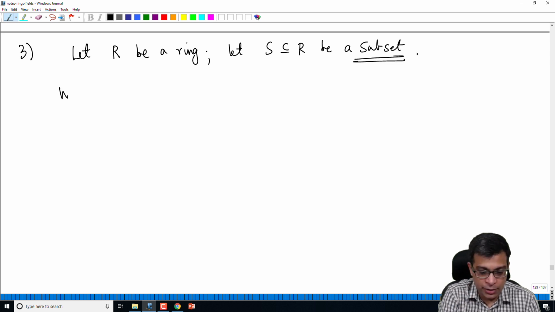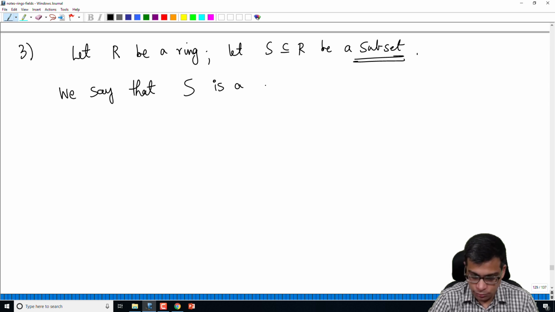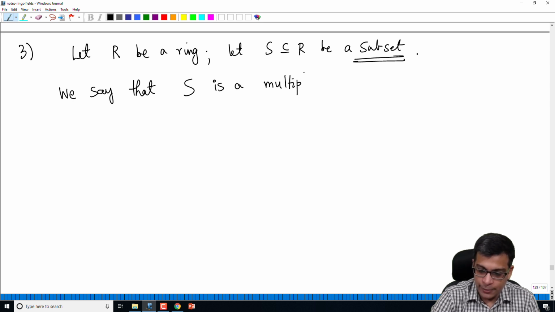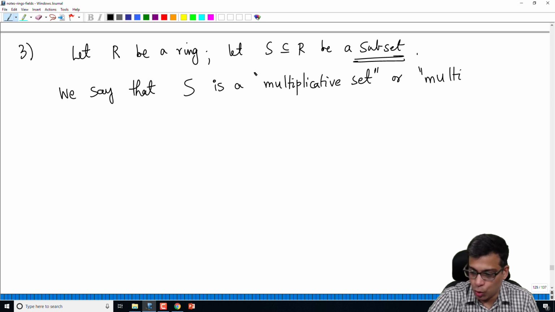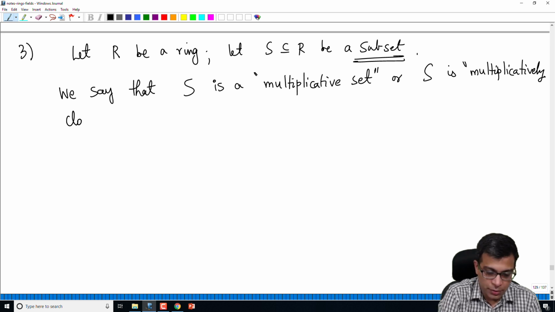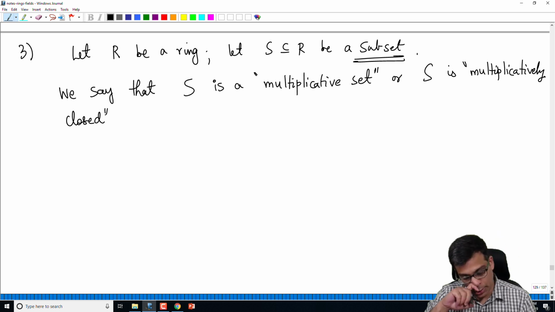So, we say that S is a multiplicative set, or more suggestive name is multiplicatively closed, or S is multiplicatively closed. So that's another term for this.